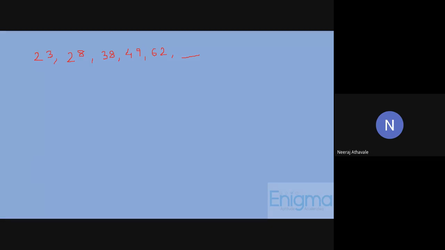Okay. 70 or 79. Okay. Can you explain the logic for 79? Shreya and Shilpa, plus 17. Okay. Why is it plus 17? Okay, let's see. So यहाँ पे plus 5.